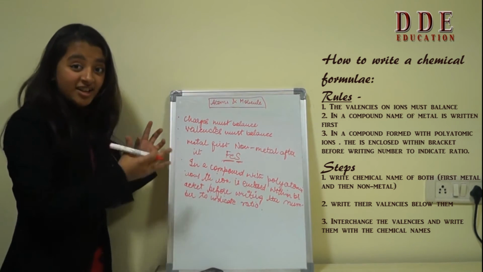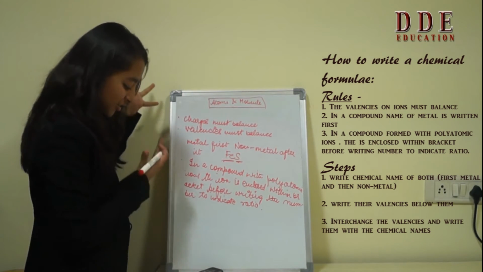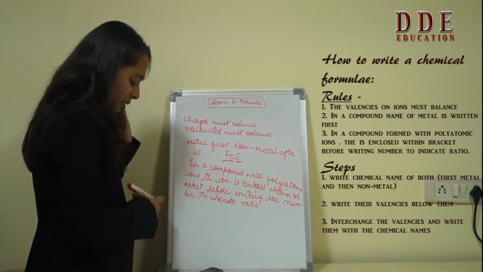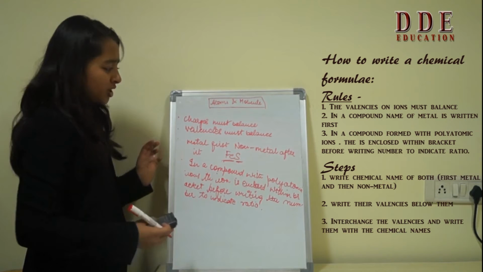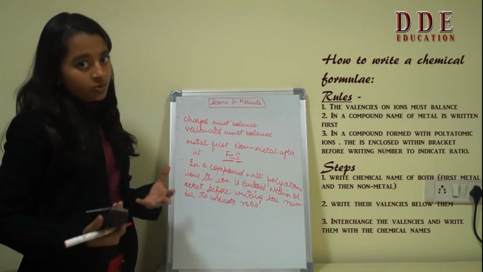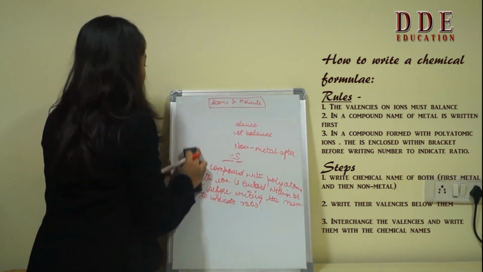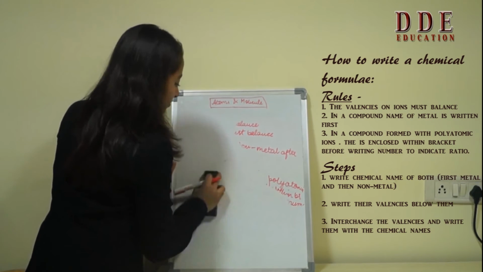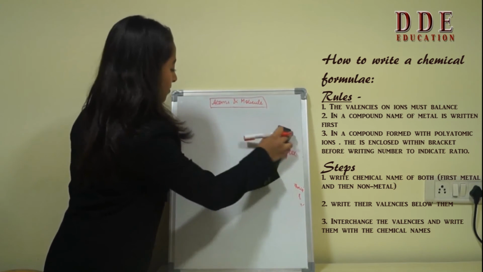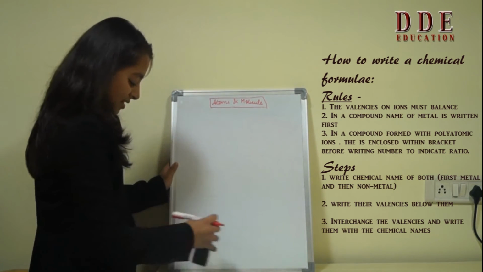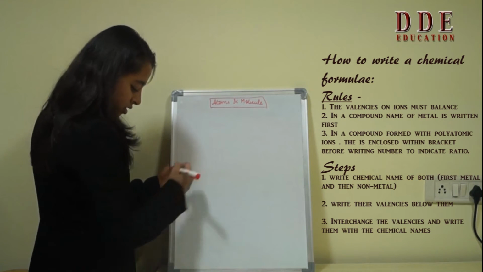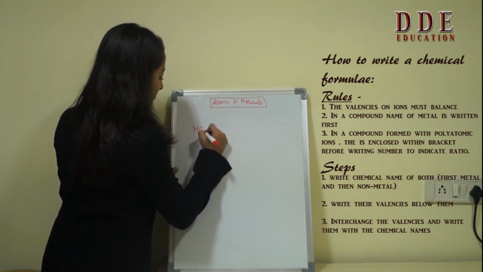My handwriting is a little bad, so please try to read it. Now I'm going to give you an example so that you learn how to write it. Let us take an example of HCl.